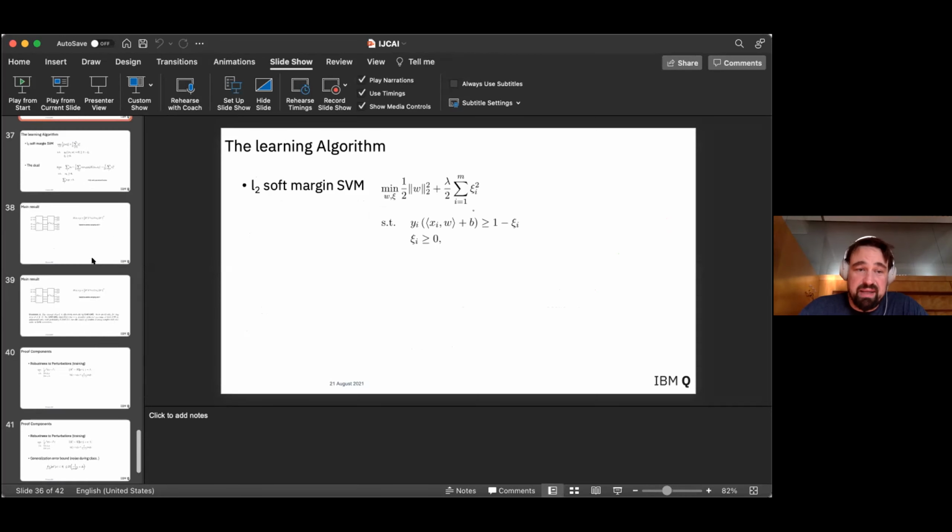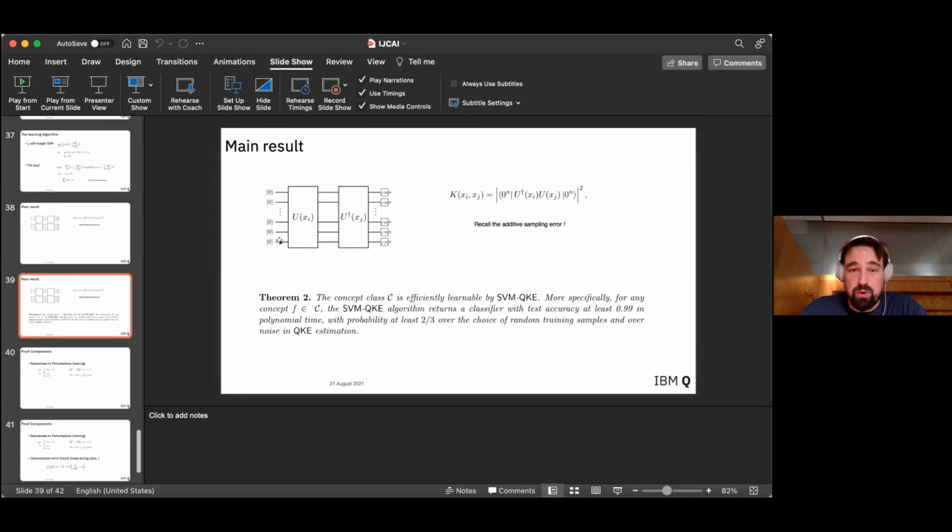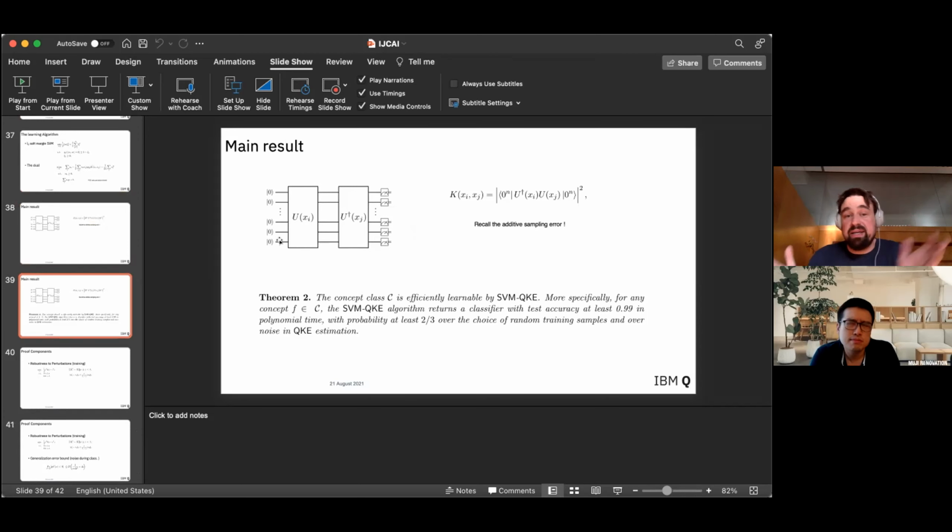And to estimate the kernel, you have to run the forward evolution of that circuit U of x, and then run the backward evolution with another datum, say U of xj. You start in the 0 state of your quantum computer, evolve forwards, evolve backwards with a different datum, and then you count how many times you see the 0 string again.